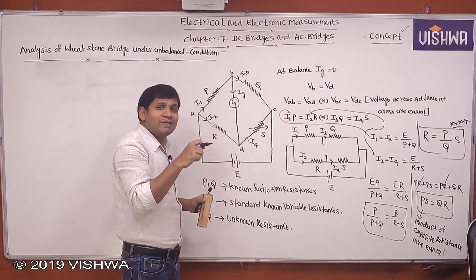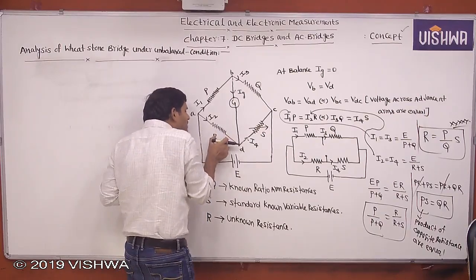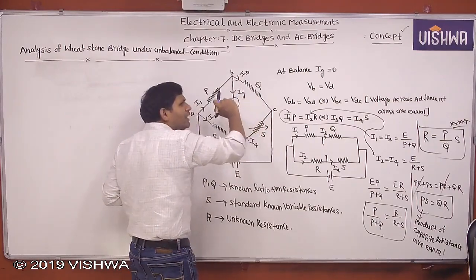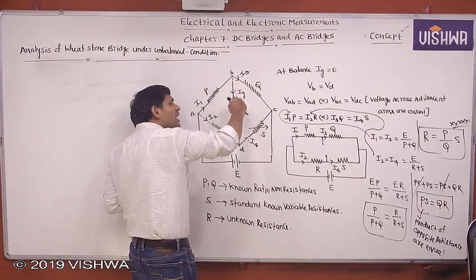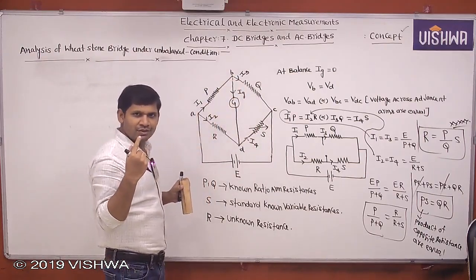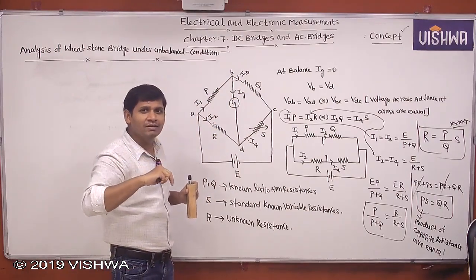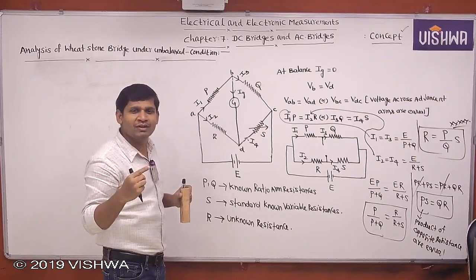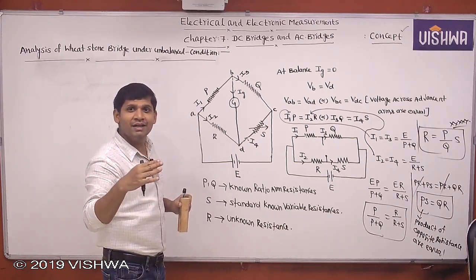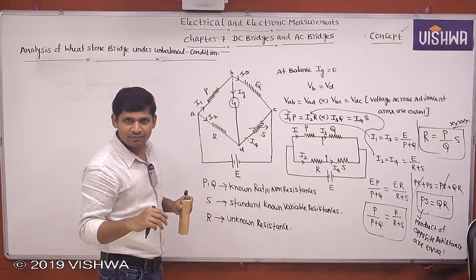That current must be sensed by the galvanometer. For example, for a small change of resistance, there exists 1 microampere of current through the galvanometer. That 1 microampere also must be detected. If it is not detected, the galvanometer shows zero deflection, and we think the bridge is still balanced.